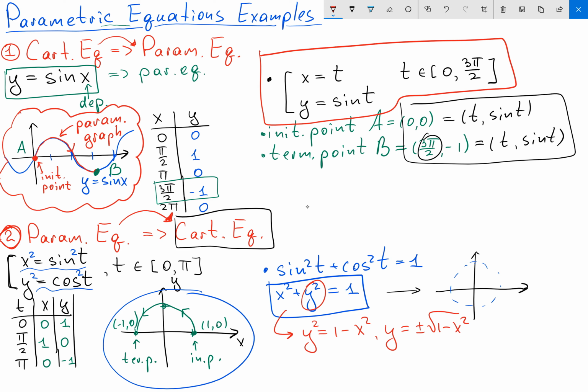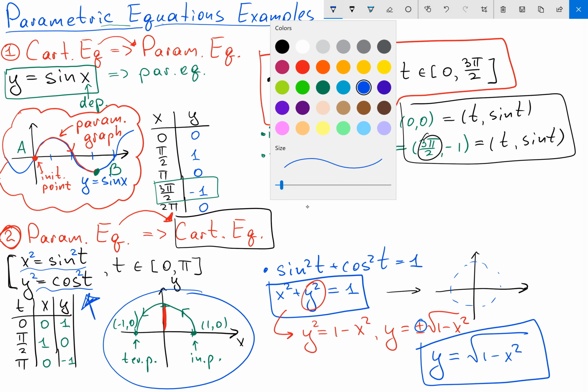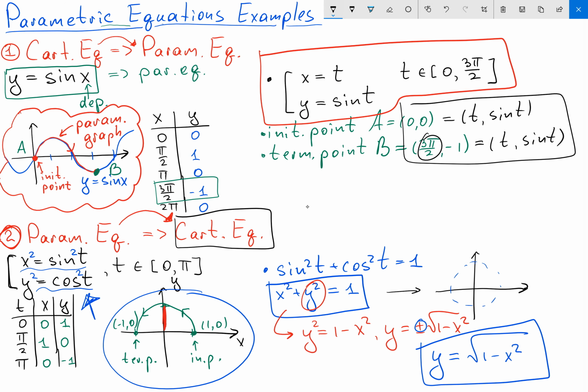Since over here I have only positive y values, I need to choose the positive sign. So my final answer, the Cartesian equation of this parametric equation, is y equals the square root of 1 minus x squared.